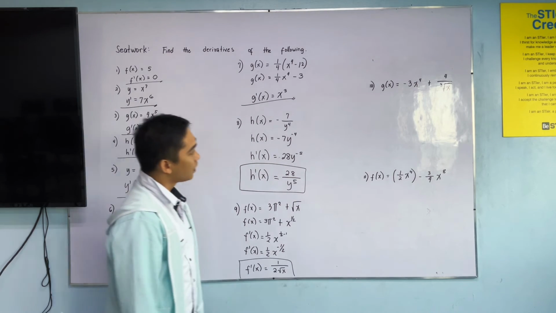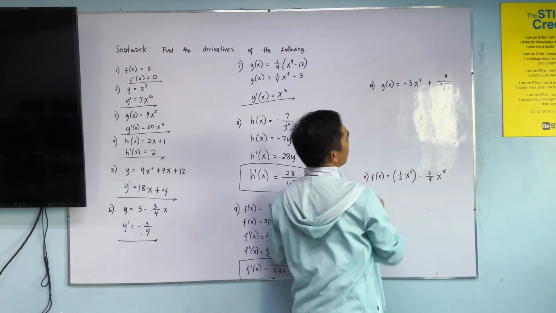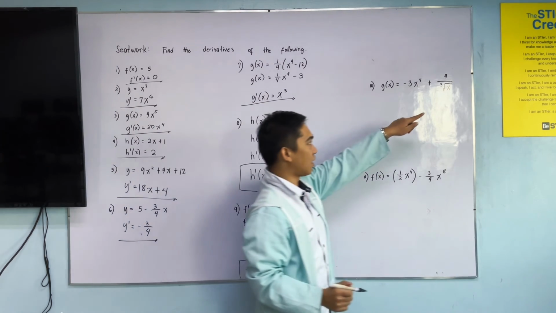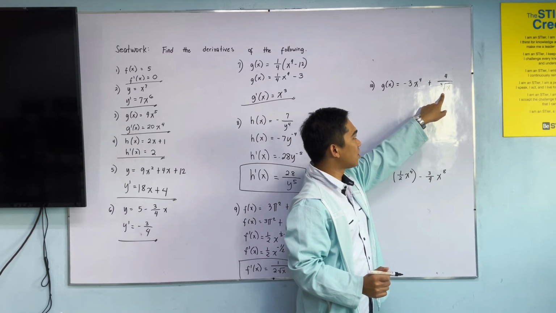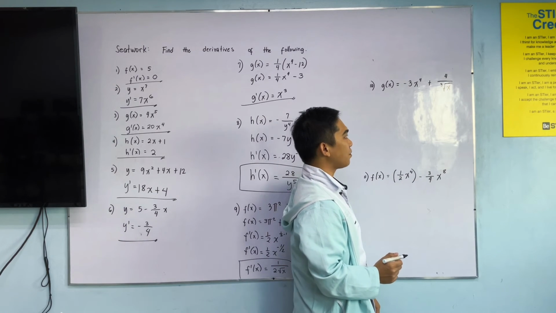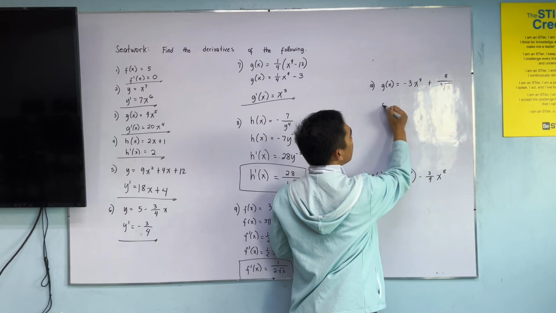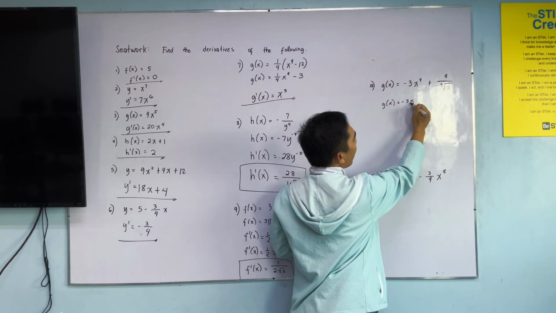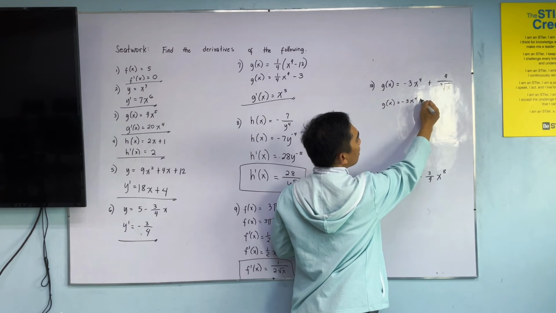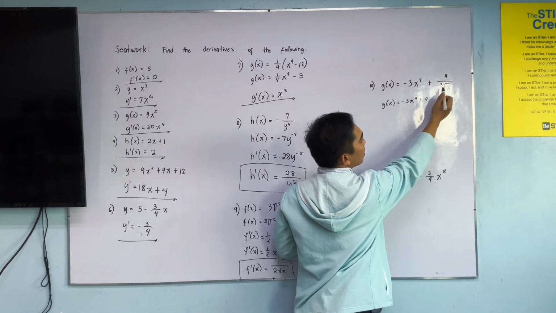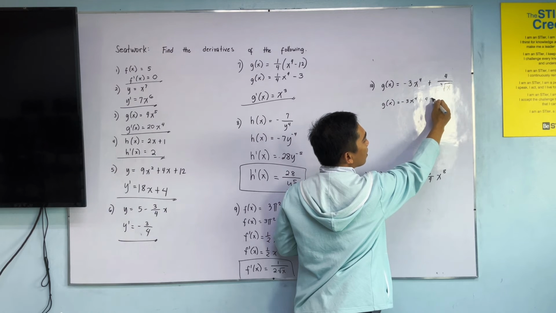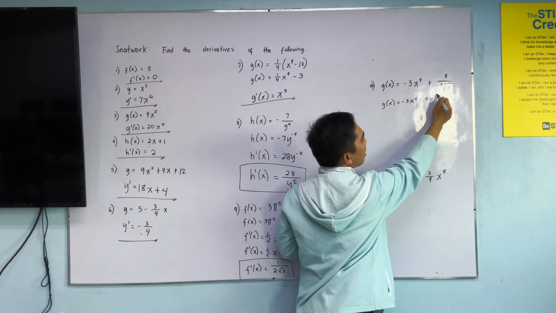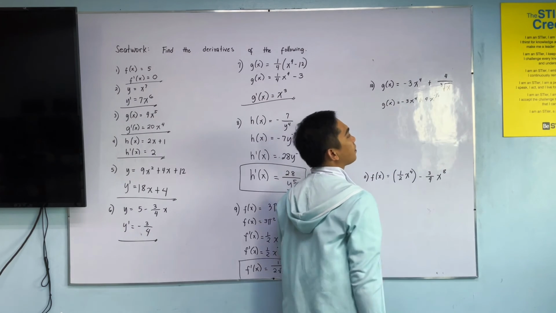Next, number 10. So, same case sa number 9. Meron din tayong radical sign. So, write muna natin. g of x is equal to negative 3 x raised to 4 plus 4 x raised to negative 1/3.